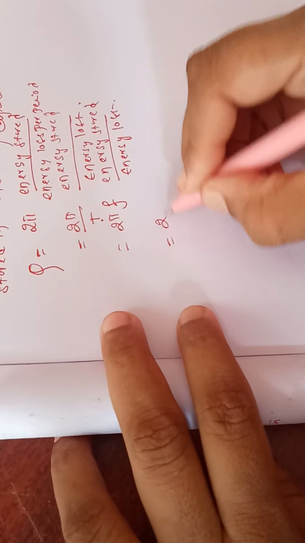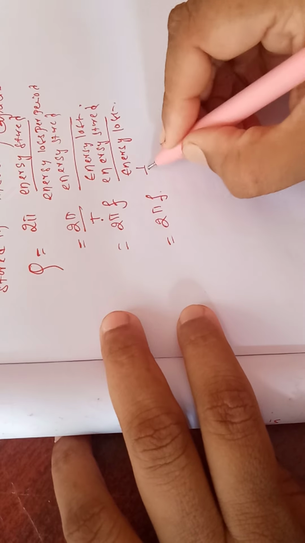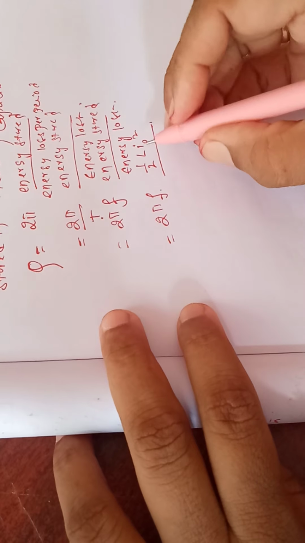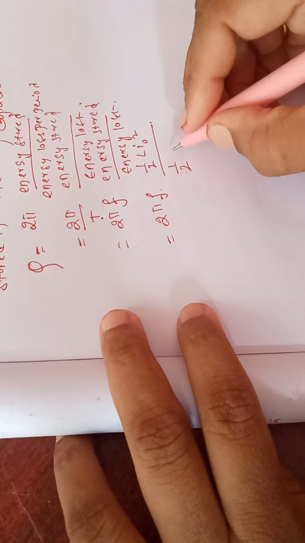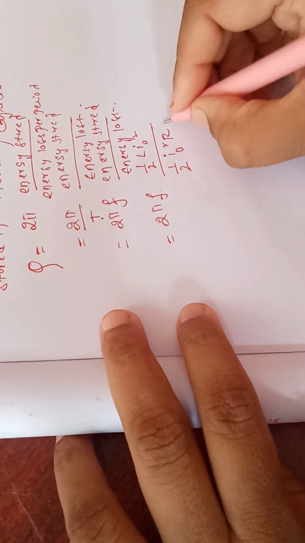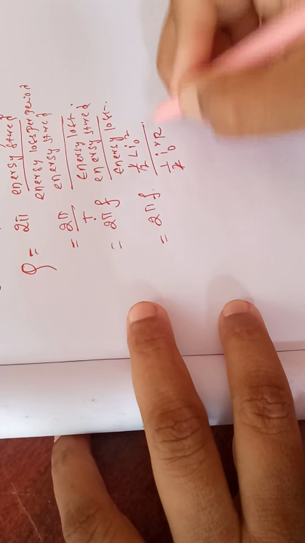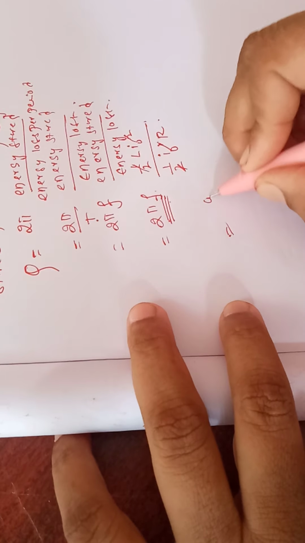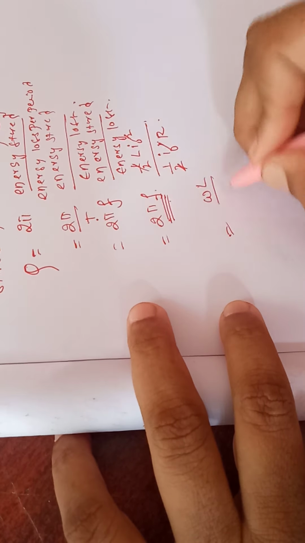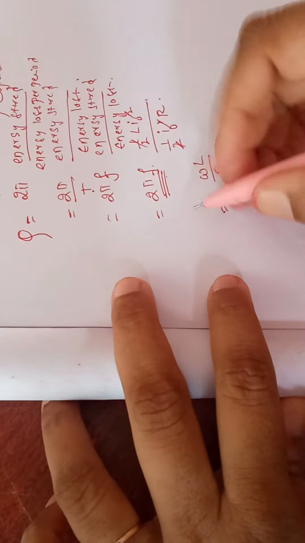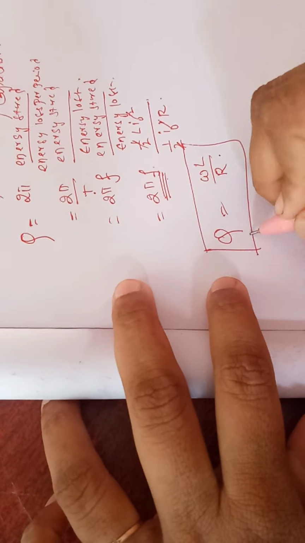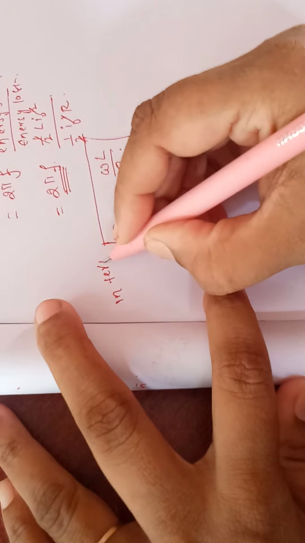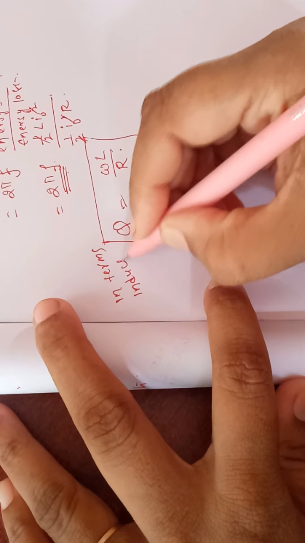The energy stored in the inductor is half L I naught square, and the energy lost through the resistor is half I naught square R. So half I naught square cancels. 2 pi F is omega, L is there, here R. This we call the Q factor, in terms of the inductor.